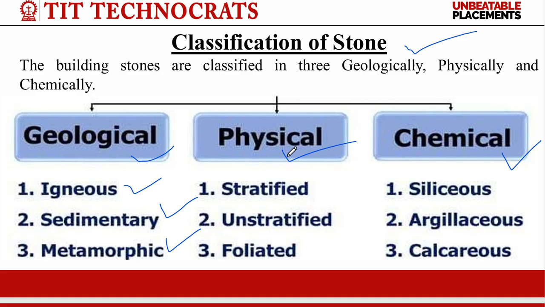The physical, or structural, classification of stone or rock also has three categories: stratified, unstratified, and foliated. The chemical classification of rock or stone is siliceous, argillaceous, and calcareous types of rock.